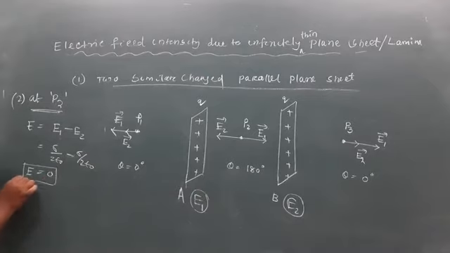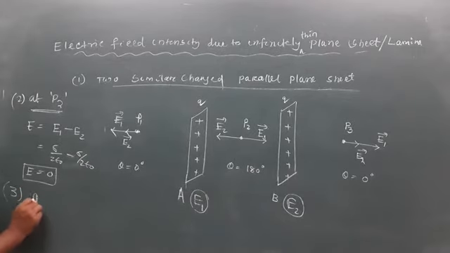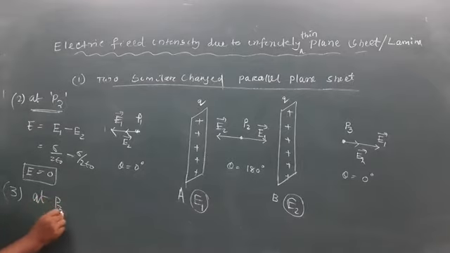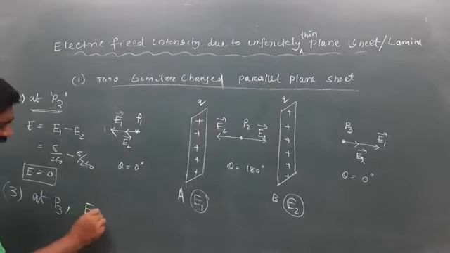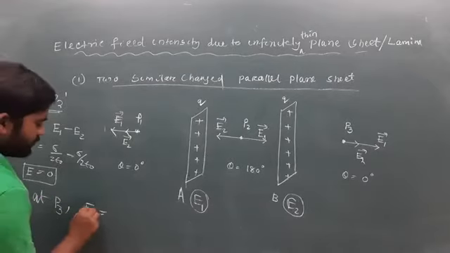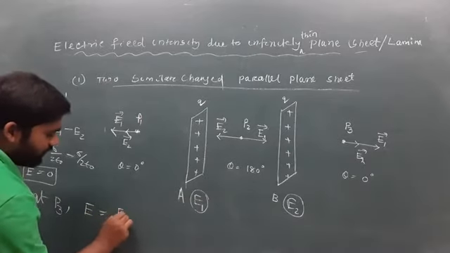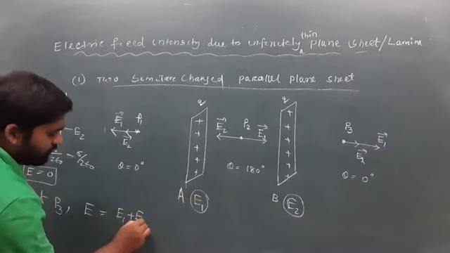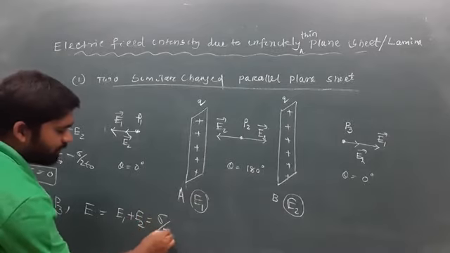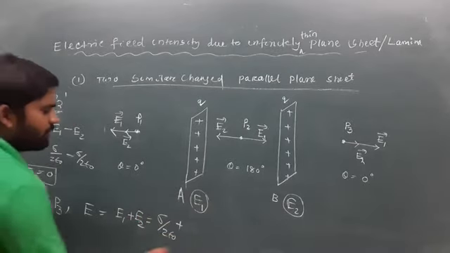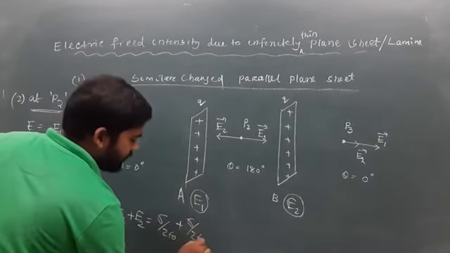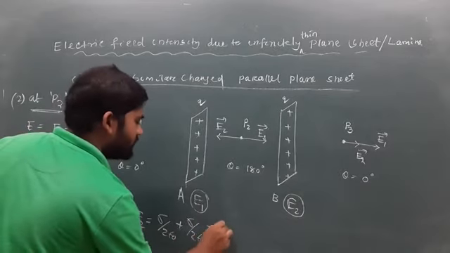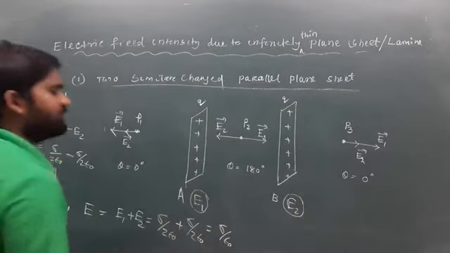So in between two positive plane sheets the electric field will be 0. Okay. So at P3, so what happens, again theta equals to 0, so E equals to E1 plus E2, so that will be sigma by 2 epsilon 0 plus sigma by 2 epsilon 0, that is sigma by epsilon 0.